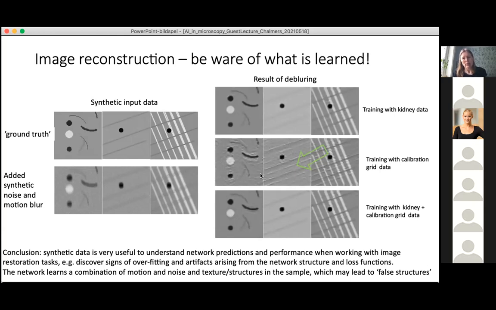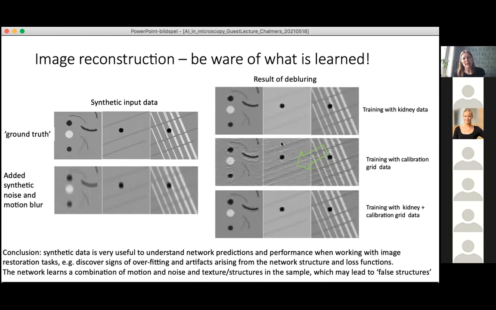But what's the take-home message here is that the network did not only learn the noise and motion blur that we intended it to learn, but it also learned the texture and the structure in the image sample.